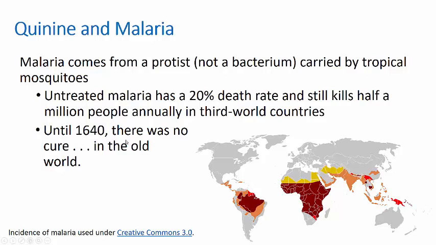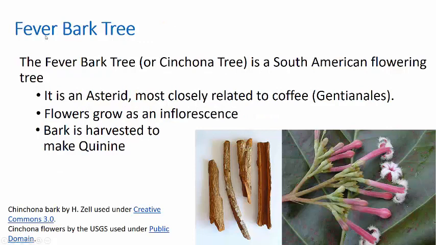Now, until 1640, the Old World didn't have a cure for malaria. However, there was a cure in the New World, which was just being discovered by Europe and the rest of the places, and that was the fever bark tree, sometimes called the cinchona tree, in honor of the, I think it was the Count of Cinchona or Countess of Cinchona, who brought the tree back to Spain from Peru.